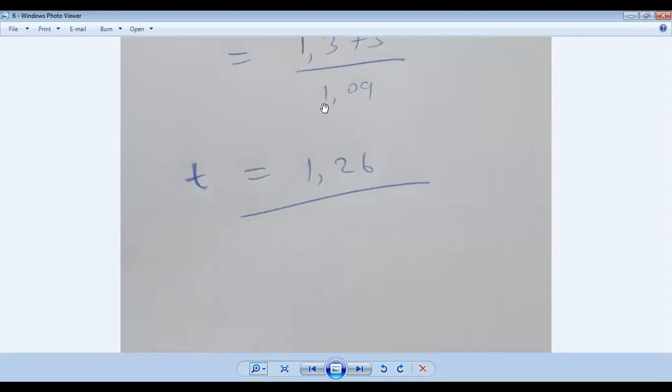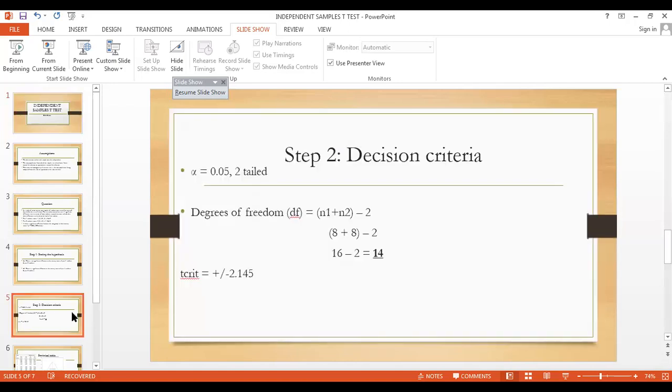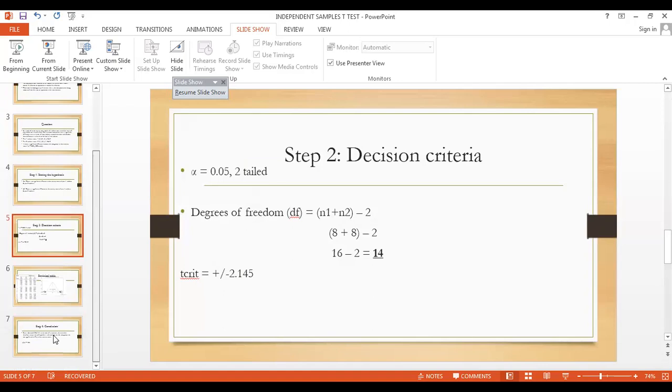Now, when we have done that, we have to make a conclusion. What does that value mean? What conclusion do you think we can come up with there? We have to make reference to the critical value, which is plus or minus 2.145 that we had calculated earlier on.